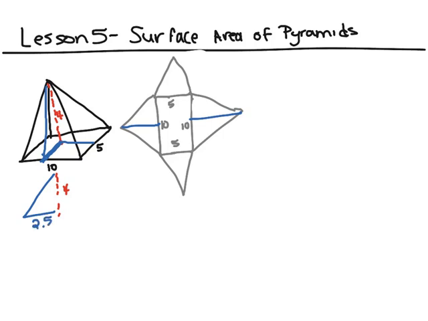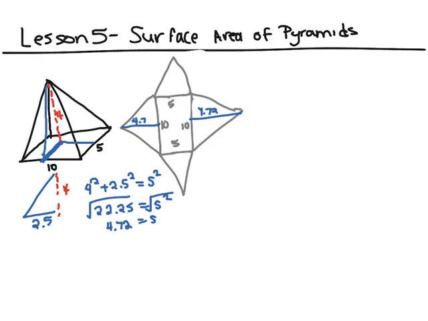So this is how we're going to find our slant height for the blue. So 4 squared plus 2.5 squared is equal to slant squared. You should get 22.25 on your left side. Square root both sides, and you get 4.72 is your slant. So this is 4.72 and 4.72.